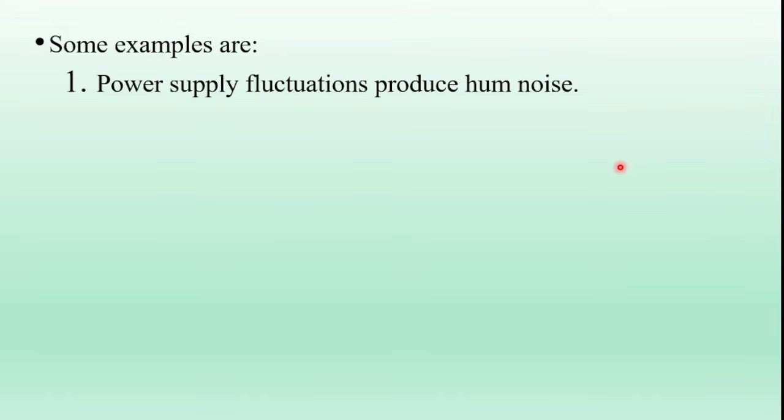The various sources of random noise are classified into two types: external noise and internal noise. What is external noise and what is internal noise?